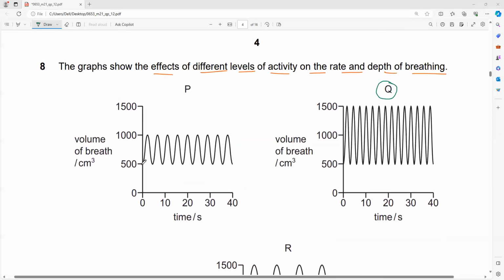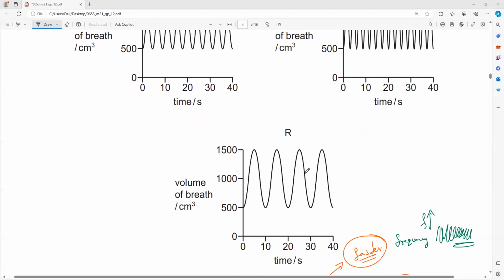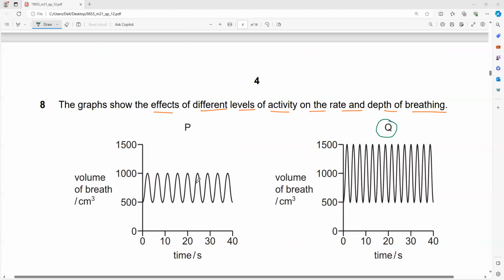Now tell me, at rest, what is the graph? P or R? R indicates a large amount of air being taken in, and P indicates everything normal: the rate of frequency is the same and the volume of breathing is normal. So P is the one which describes a normal person.